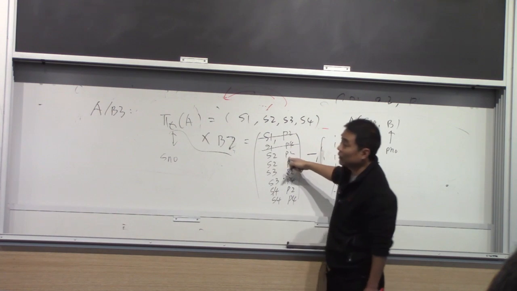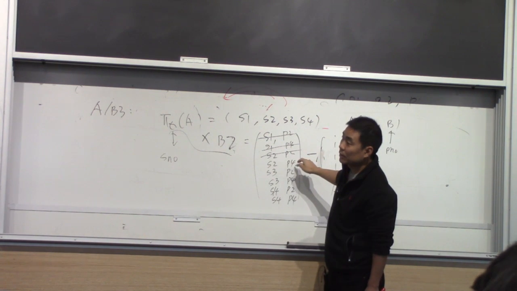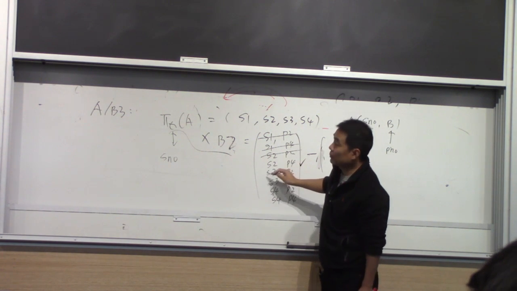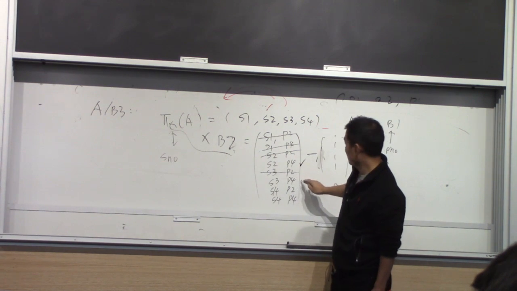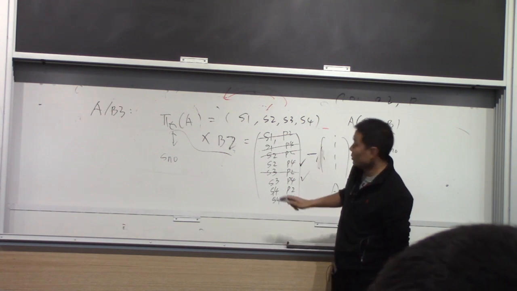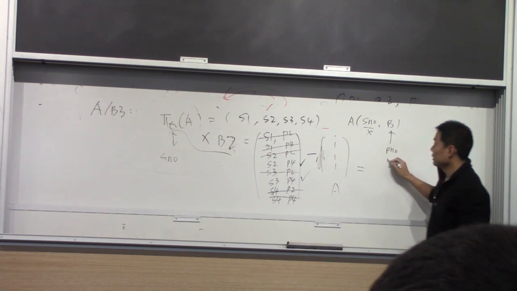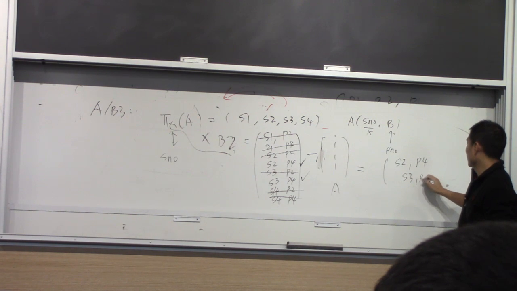S2, P2, is that in A? Yes. S2, P4? S3, P2? S3, P4? S4, P2? Yes. S4, P4. So what do you got? You got S2, P4, and S3, P4.